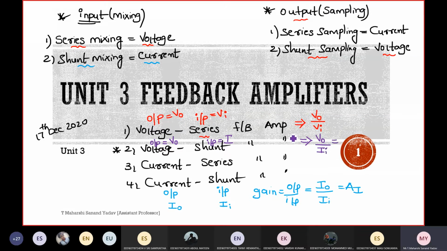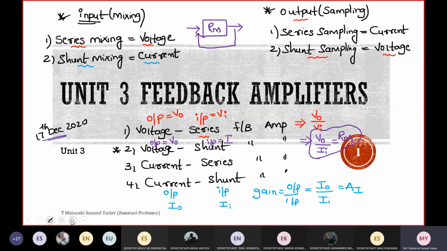What is the equivalent for this, RM or GM? Observe carefully. This is RM. So in that basic amplifier part, you need to write it as RM. This is input, this is output, and this is nothing but feedback. So this question came in the recent question paper.